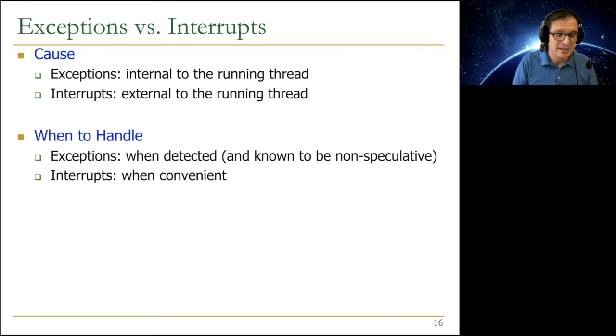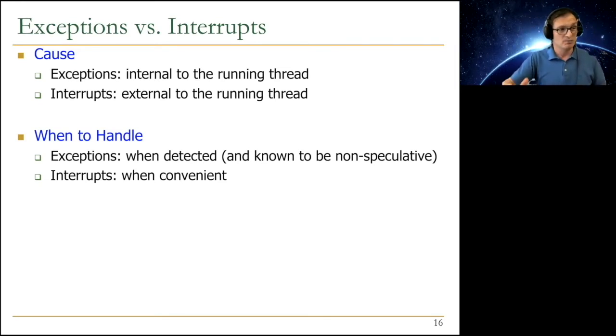This means that you should be confident that the exception is actually going to happen for sure. It's not because of an instruction that you fetched on the wrong path because you mispredicted the branch, for example, right? You should really handle the exceptions when you know that the instruction is the oldest in the machine and it's not going to be flushed. And this is one key principle, basically. If you handle the exceptions on a speculative path, this makes no sense, right?